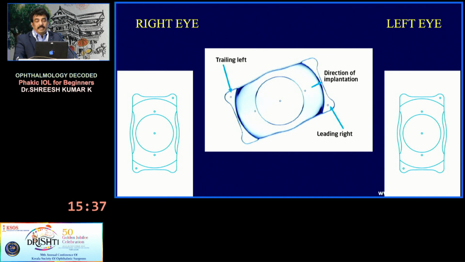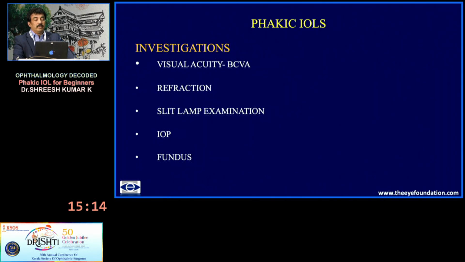And in case of ICL from Star Surgical, there are two implantation holes, that is, the leading right and trailing left. So this should always be followed. The leading right should have the hole and the trailing left should have the hole for proper orientation of the lens within the eye.